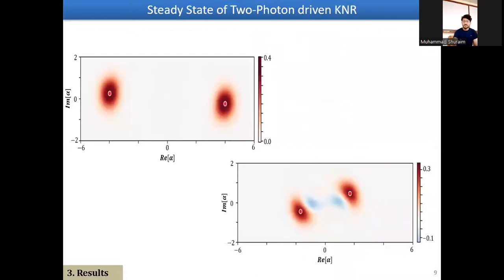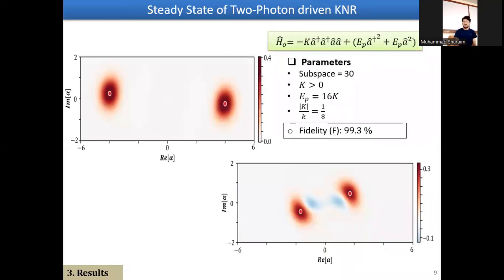So what are our results? When we plot the Hamiltonian, we can see that we have achieved a 99.3% fidelity of the operation, and there is a bit rotation in the eigenstates of this Hamiltonian.